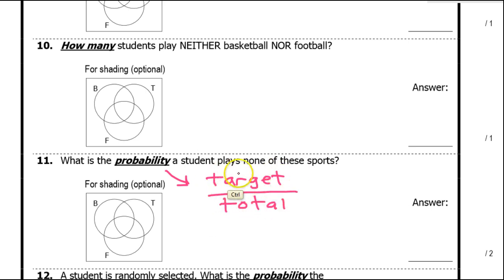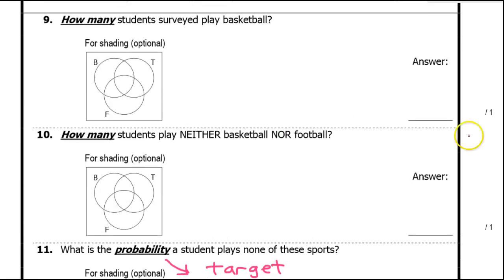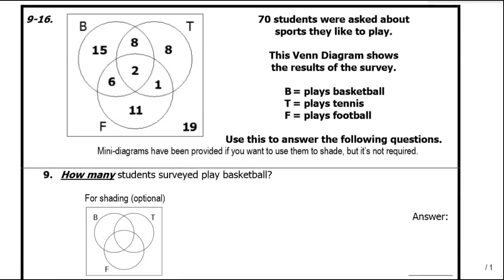It's whatever you are trying to find the probability of, that's the target, divided by the total amount. So if I see probability, I'm going to have a fraction or a decimal or a percent. If it just says how many, this is just going to be a single number, not a fraction, not a percent. It's just going to be a whole number because these are all whole numbers.